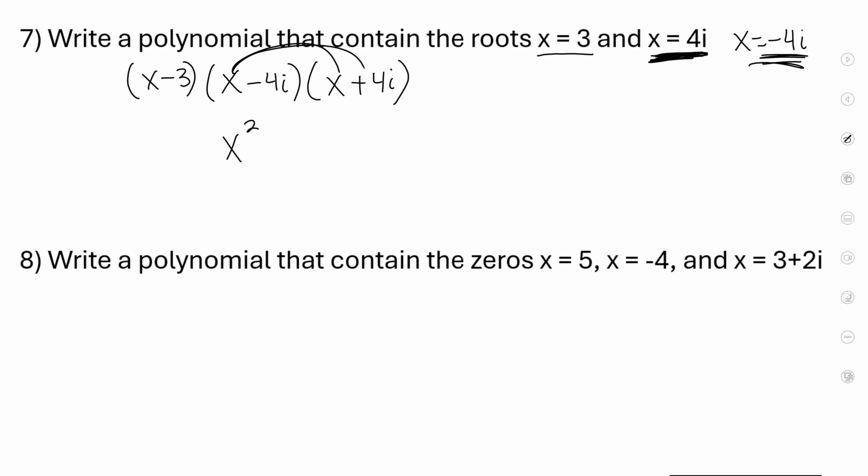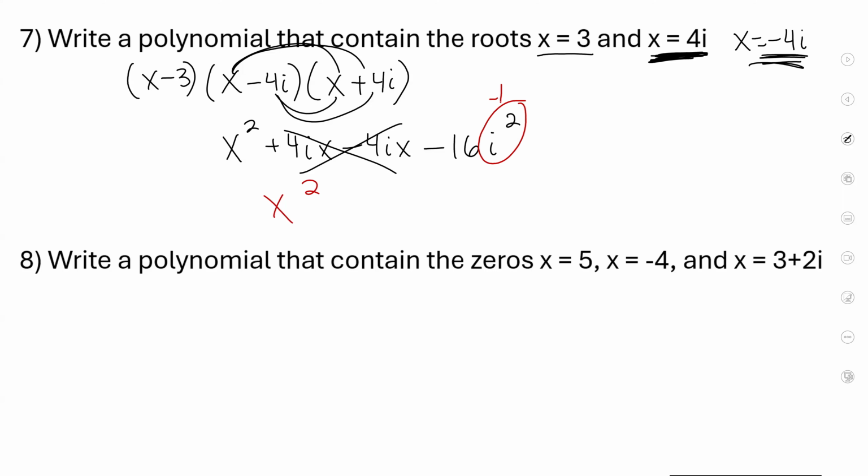Okay, I'll show you. Plus 4ix minus 4ix minus 16i squared. You see the middle cancels? So you don't have to worry about the i and the x anymore. This is x squared. What does this become since i squared is -1? Plus 16.